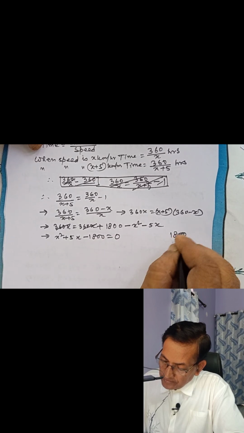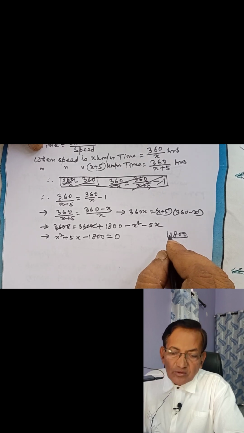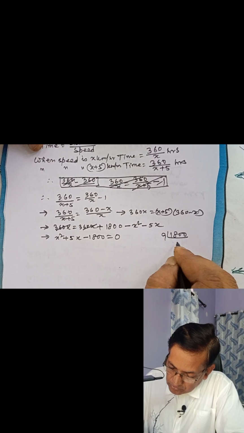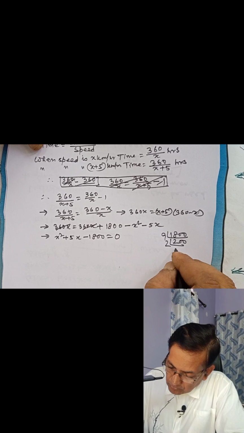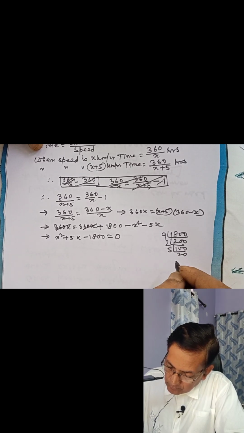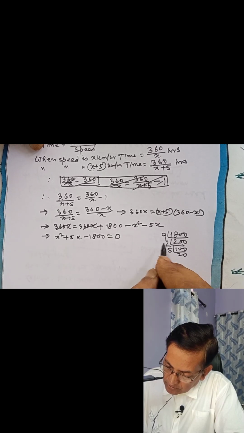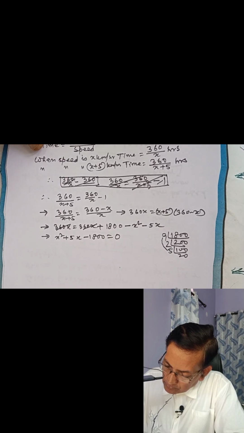Now factorize 1800. Nine, 2, 5, 20. Here 9 into 5 is 45 and 2 into 20 is 40.